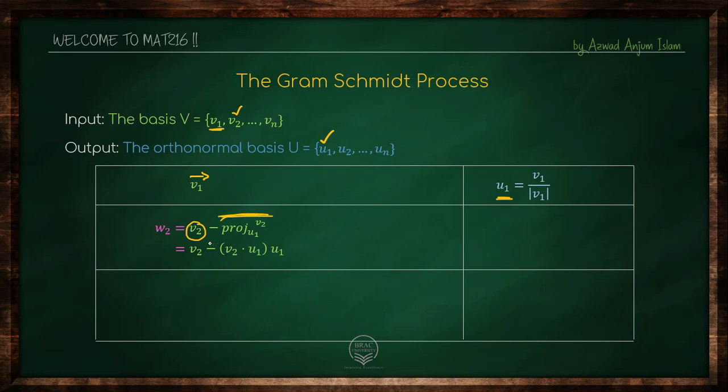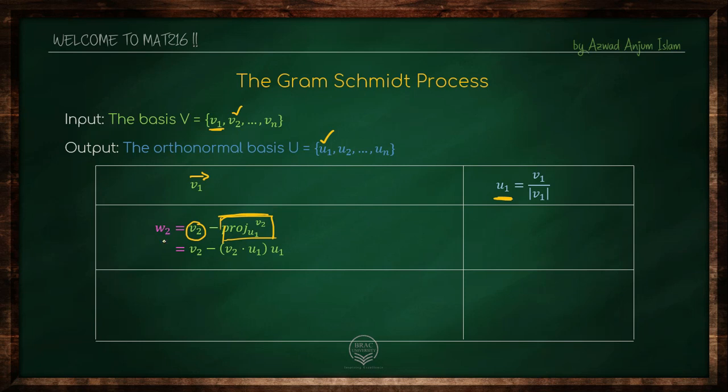If you're confused here, just go back a couple of minutes and you will see that we did the same thing in our last example. So we are just eliminating the projection of v2 onto our already existing vector, because this portion is already covered by u1, so we are just subtracting it.